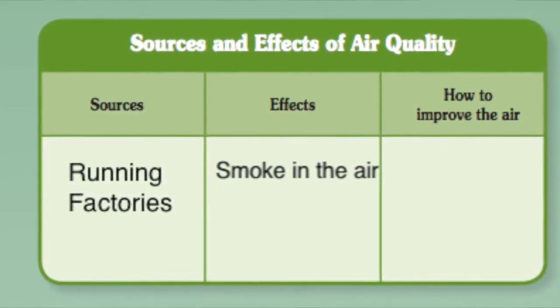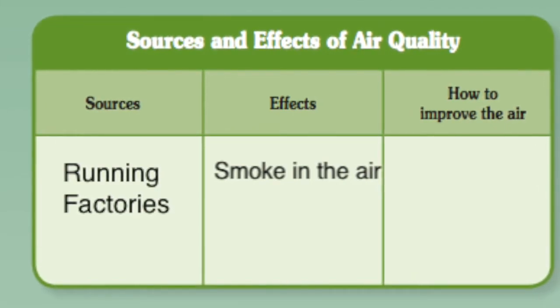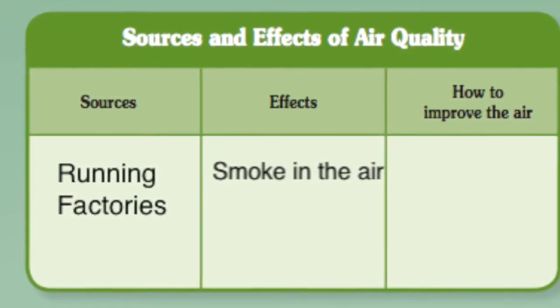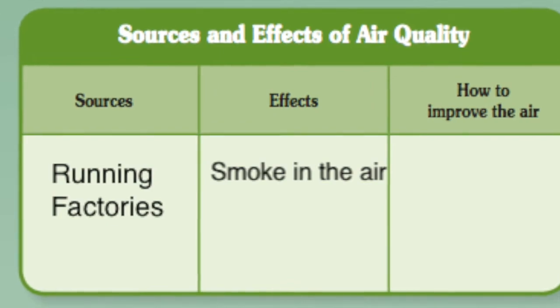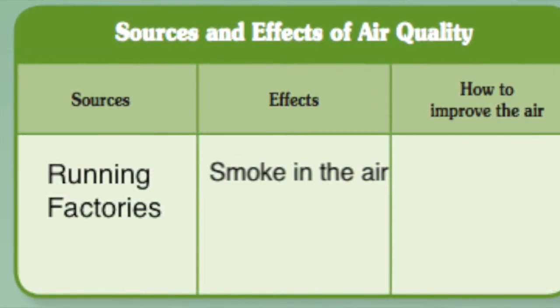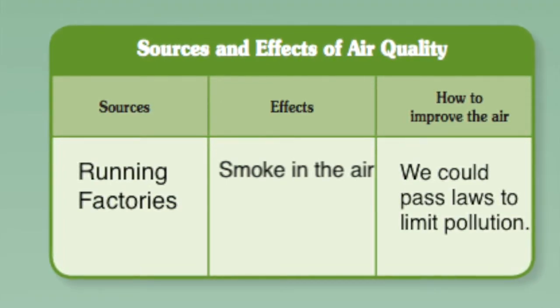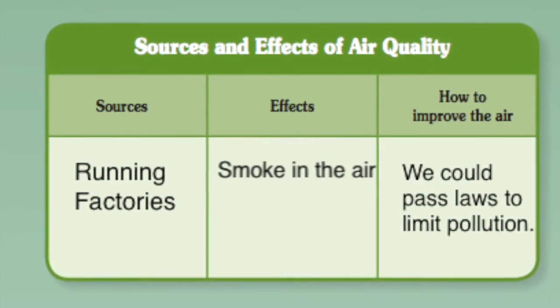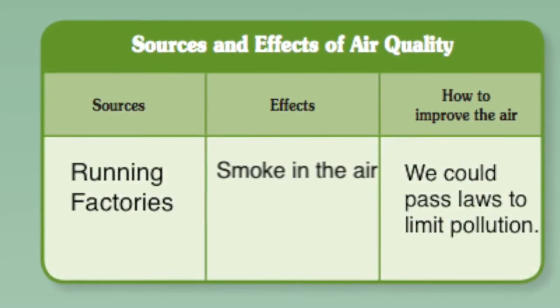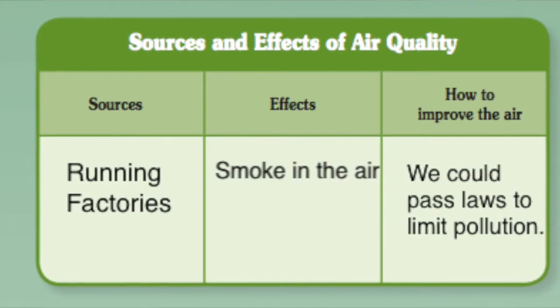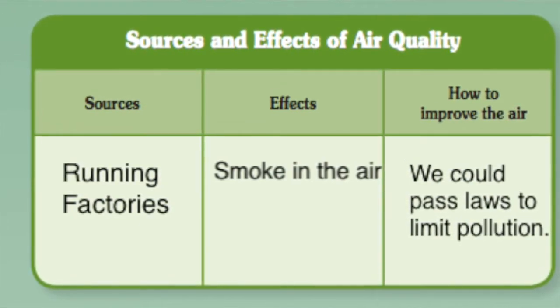And then how to improve the air? Well, how could we improve the air with the source being factories? Well, maybe having a law or a regulation about how much smoke a company is able to produce, which there is.